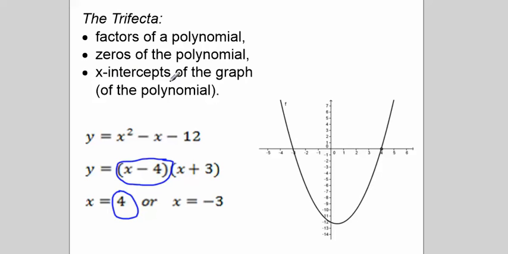And I'm going to have an x-intercept of the graph, which is the point (4, 0). The factor gives the 0, gives the x-intercept. We could do the same thing with negative 3. This is the trifecta.